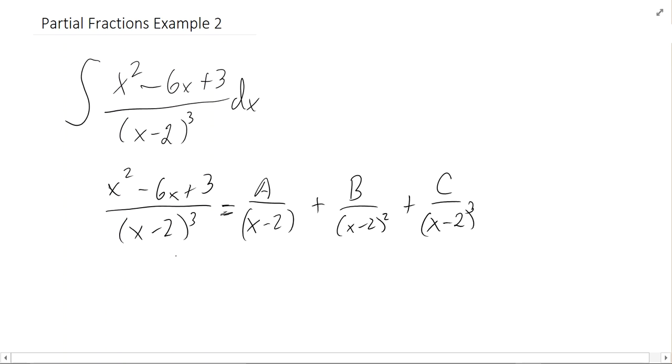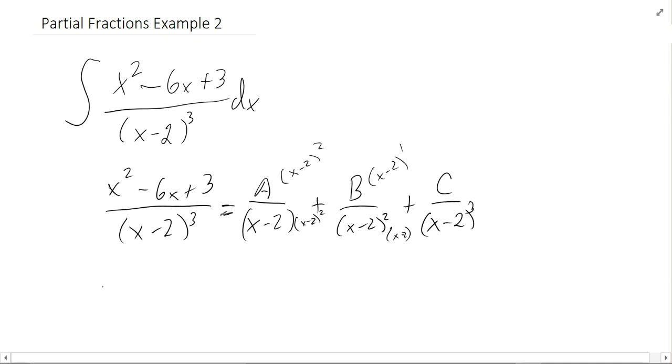All right, and like before, we're going to start by getting a common denominator. To make the denominators the same, in this first piece I'm going to have to multiply by an x minus 2 squared on top and bottom, and then an x minus 2 to the first power, and that will make all the denominators x minus 2 to the third power all the way across.